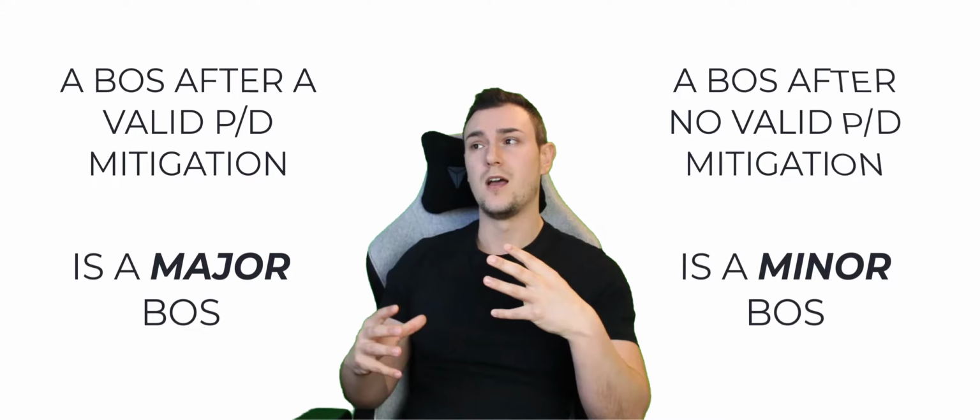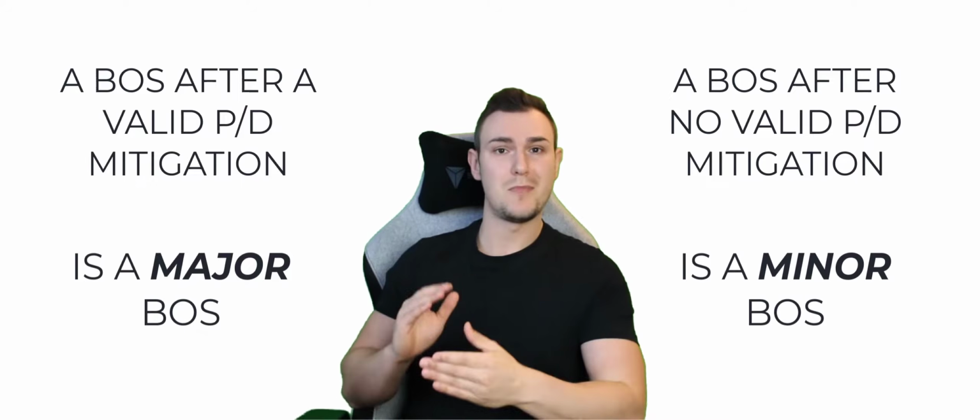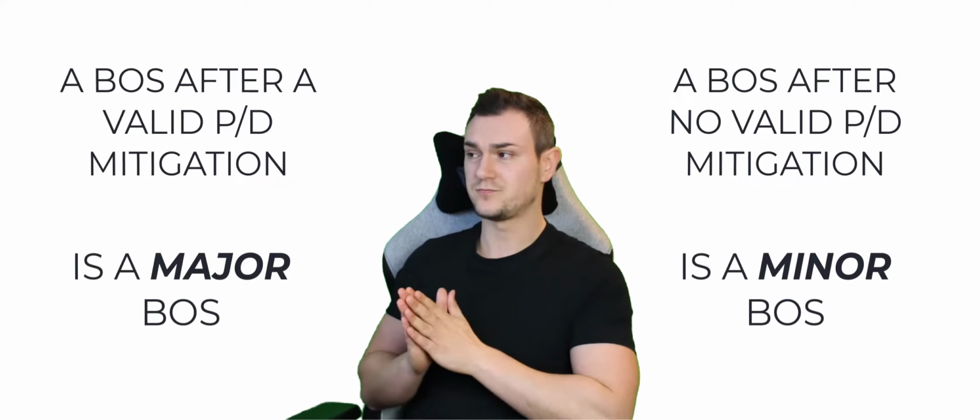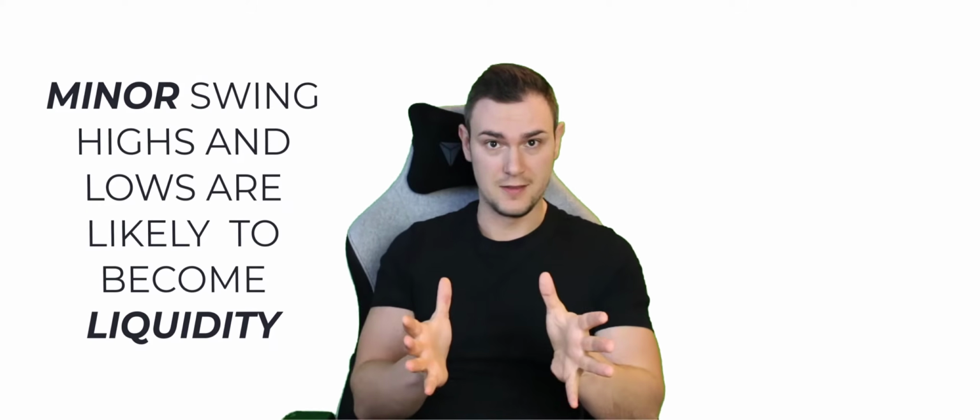So what we're left with are major swing highs and lows and minor swing highs and lows. This gives you areas of price that price will likely be drawn to, and you will be more likely to get reactions from. And minor swing highs and lows are also likely to become liquidity.